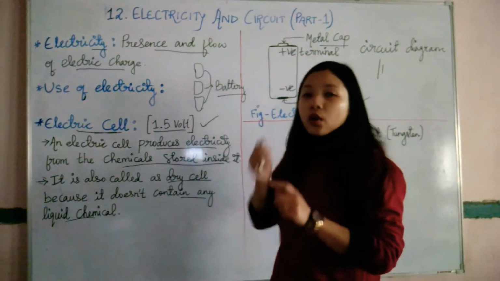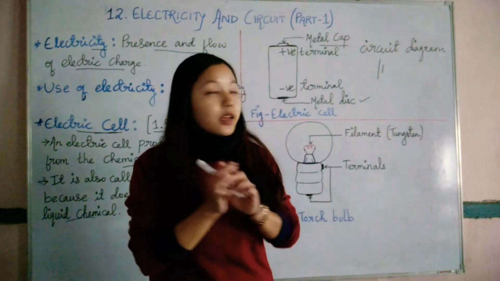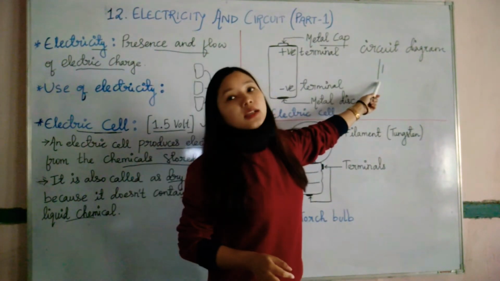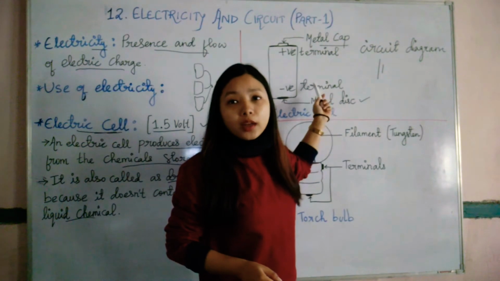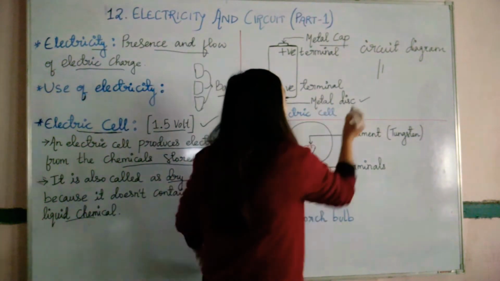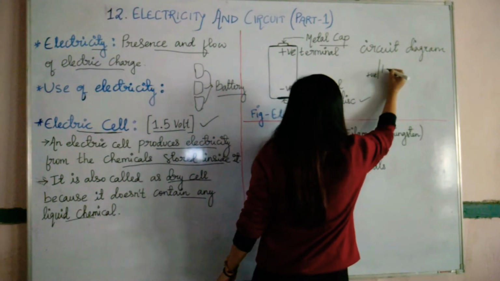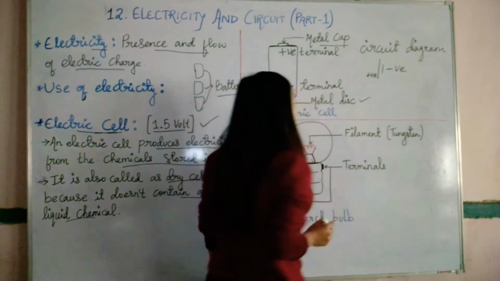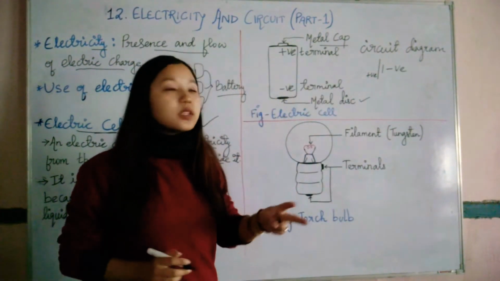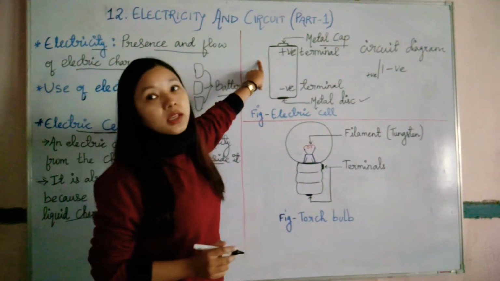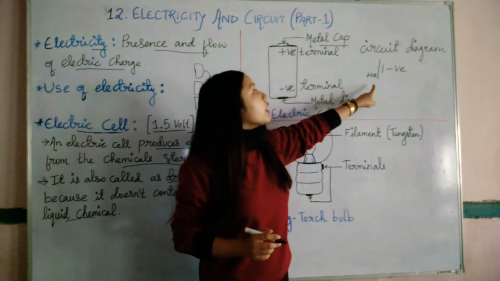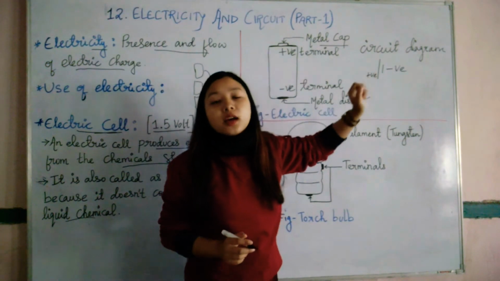One longer line and one smaller line. This is the circuit diagram of one electric cell, where the longer one is the positive side and the shorter one is the negative side. Positive and negative, both terminals of a battery, can be shown in this way in our circuit diagram.